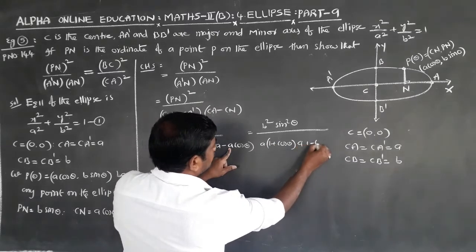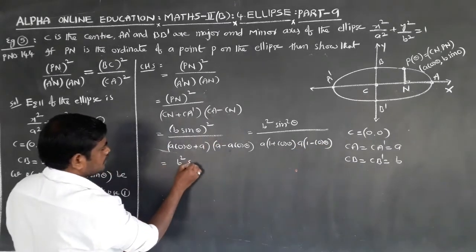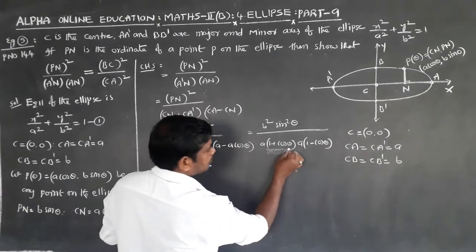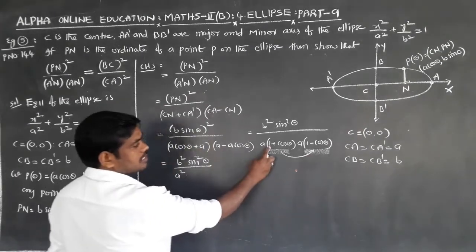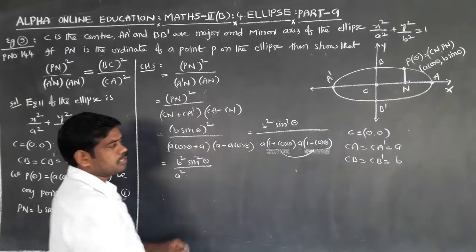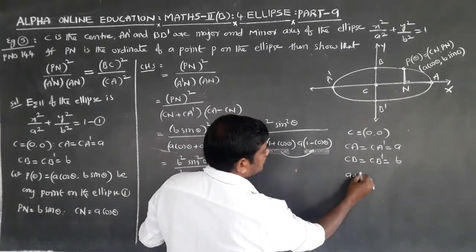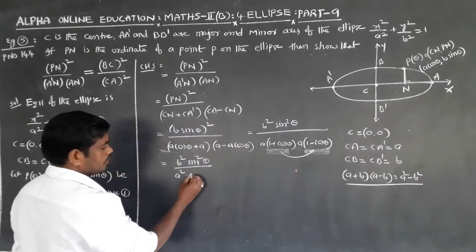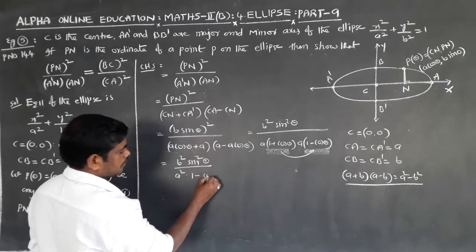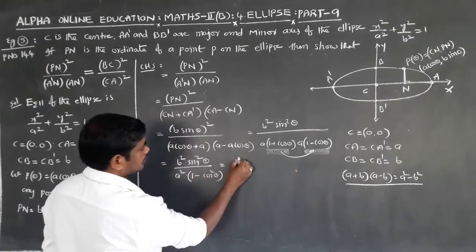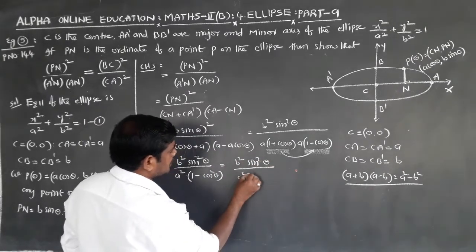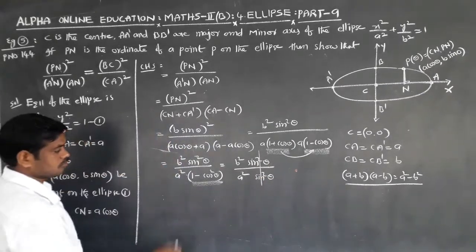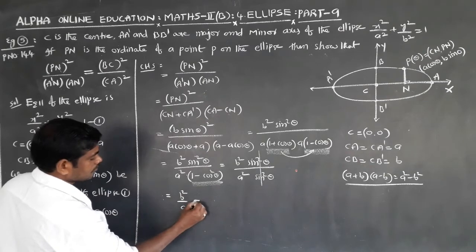Here also a common, 1 minus cos θ. So b² sin² θ by a into a², here (a + b)(a − b) is a² − b². a² times 1 minus cos² θ is sin² θ. Sin² θ and sin² θ get cancelled. We get b²/a².